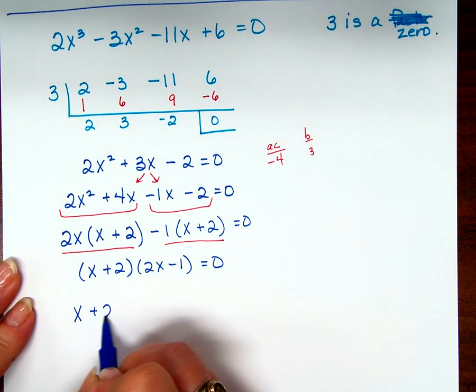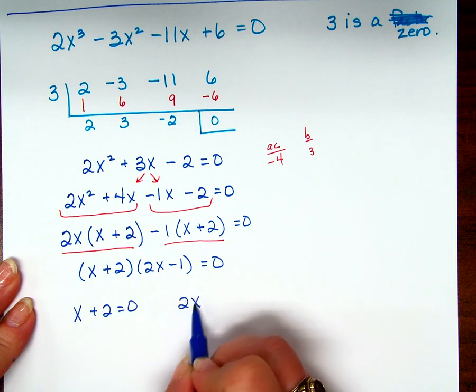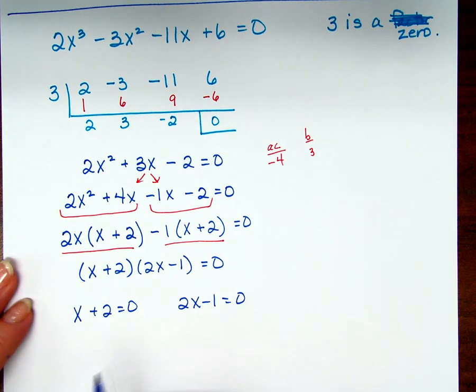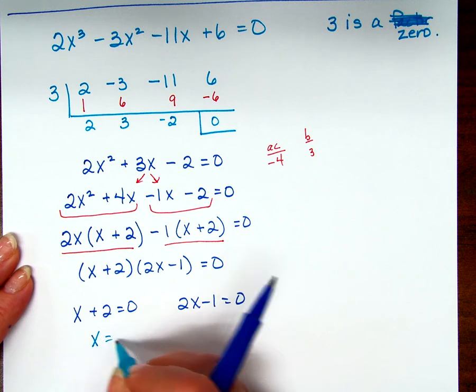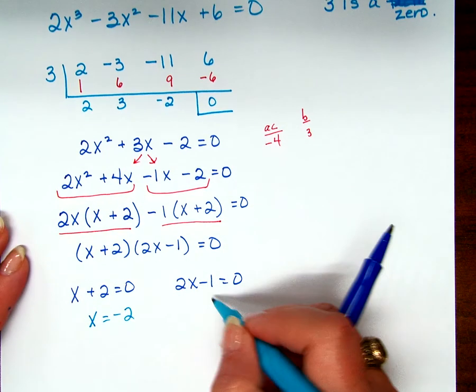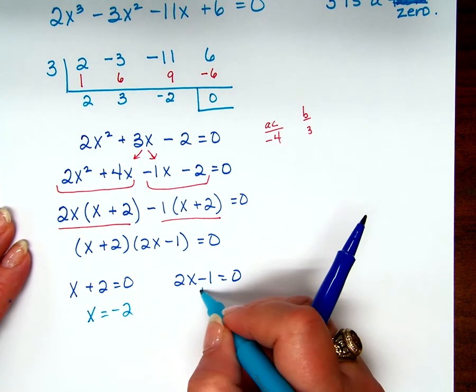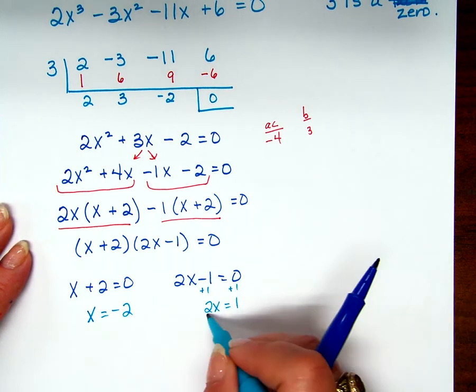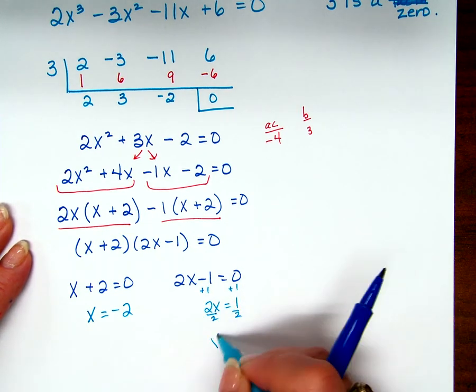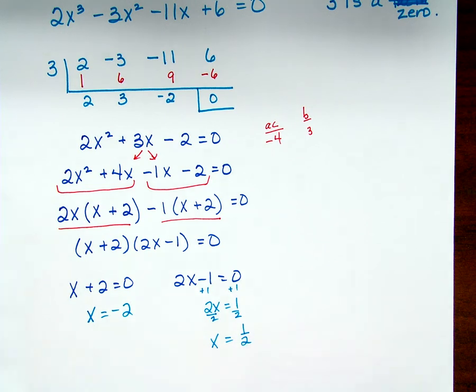So x plus 2 equals 0. 2x minus 1 equals 0. So if I subtract 2 from both sides, I get x equals negative 2. Here I have a couple more steps, right? I have to add 1 to both sides first to get 2x equals 1. And then when I divide both sides by 2, I get x equals 1/2.